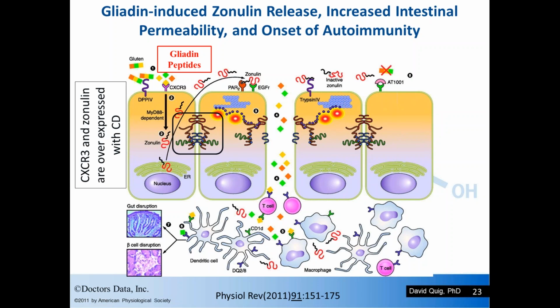Now CXCR3, the chemokine receptor, and zonulin are significantly overexpressed in patients with celiac disease.